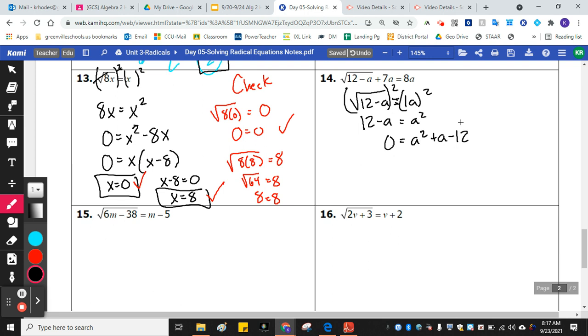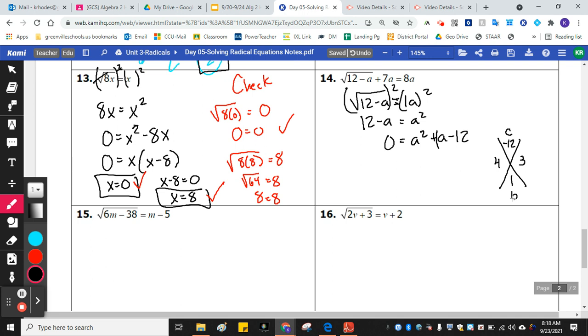This is a trinomial. So with your trinomial, you want to know what multiplies to c, and adds to your middle term, b. So 2 numbers that multiply to negative 12 and add to 1. Well, 4 and 3 have a difference of 1, and they multiply to 12.